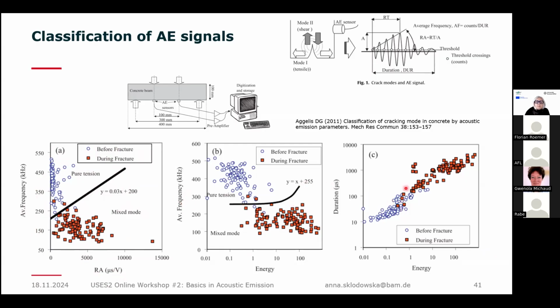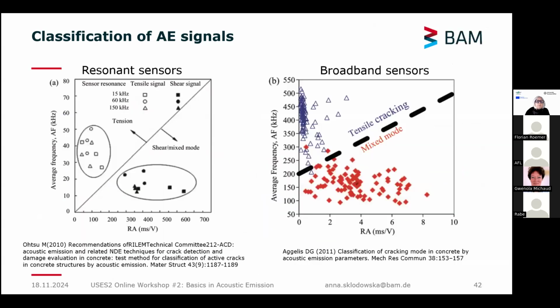And as you can see, this is not as clear on the other parameter settings, but they are still quite nicely separated. And in case of laboratory experiments, the population of tensile and other signals can be well distinguished with a single diagonal line, both if we use the resonance sensors and broadband sensors.